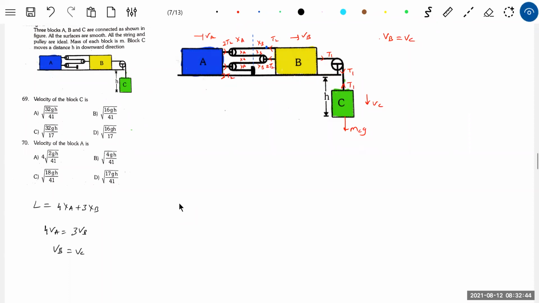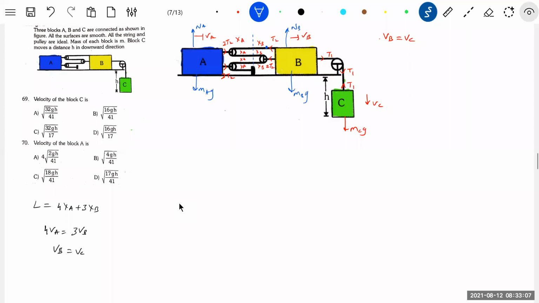Then, who does work on block A? The tension. Who does work on block B? This tension T1 and also this T2. And the normal reactions are acting. The normal reactions will be NA and NB, and the weights mAg and mBg.